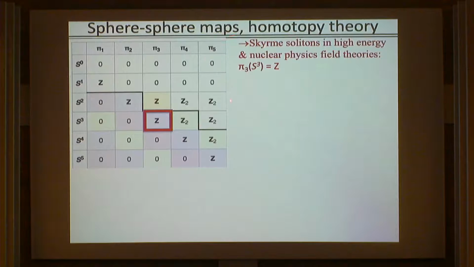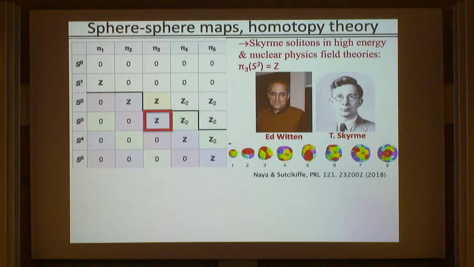But the types of Skyrmions that he introduced in high energy physics would be represented as elements of the pi3 S3 homotopy group, also represented by integers. In high energy physics, these integers would actually correspond to subatomic particles with different baryon numbers, right?